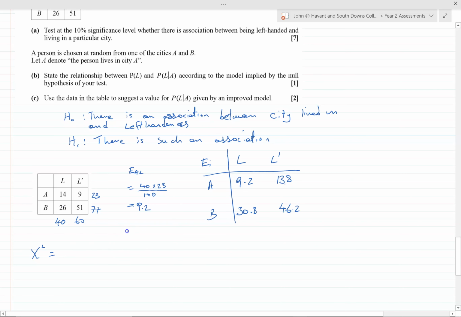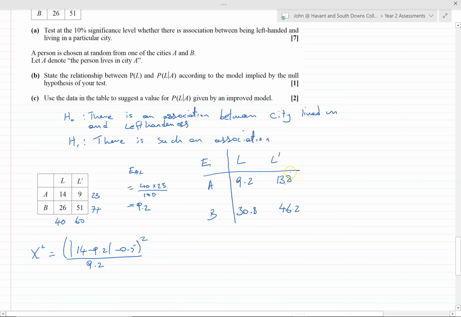So let's just do that for each of the cells. That's 9.2. This is 14. I'm going to be consistent, so I'm going to take this number from this number and find the modulus of that. So it's 14 minus 9.2, take away 0.5, squared, all over the expected number, which is 9.2.